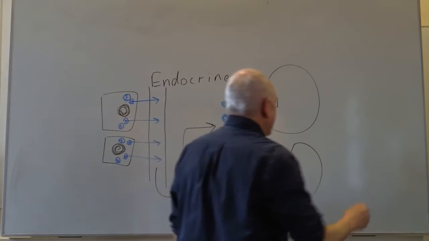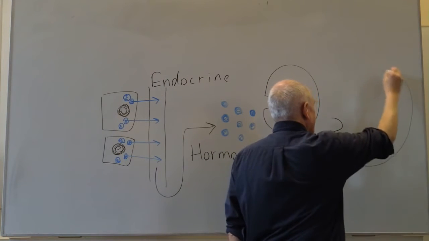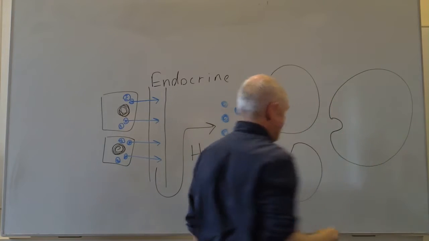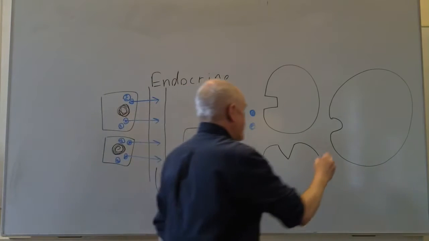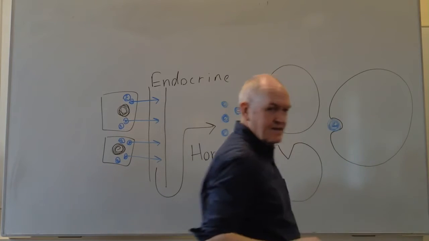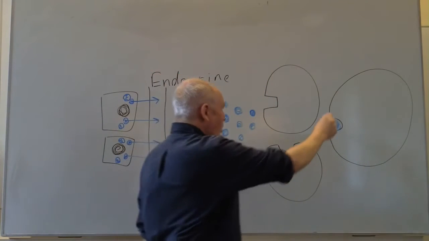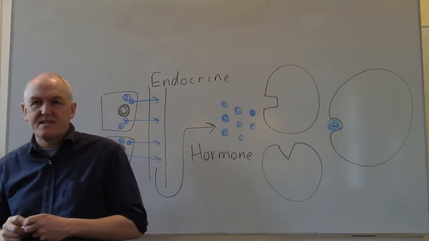But then it comes across a cell with a nice reciprocal shaped round receptor. You see, it can fit in there quite snugly, can't it? So it will fit in there. And this round hole where the hormone fits into is called a receptor site.